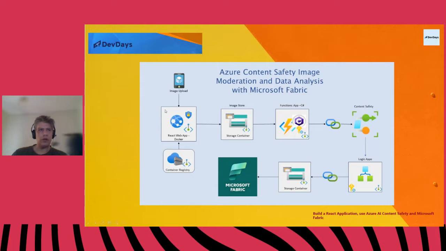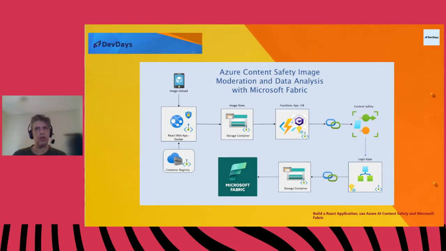This is the architecture. So we have our React web app. It is a container coming from a container registry. We are saving the images, and we are triggering a function in C# that communicates with content safety. The content safety API approves or blocks the content depending on the content itself. So should it be violence, it is blocked.